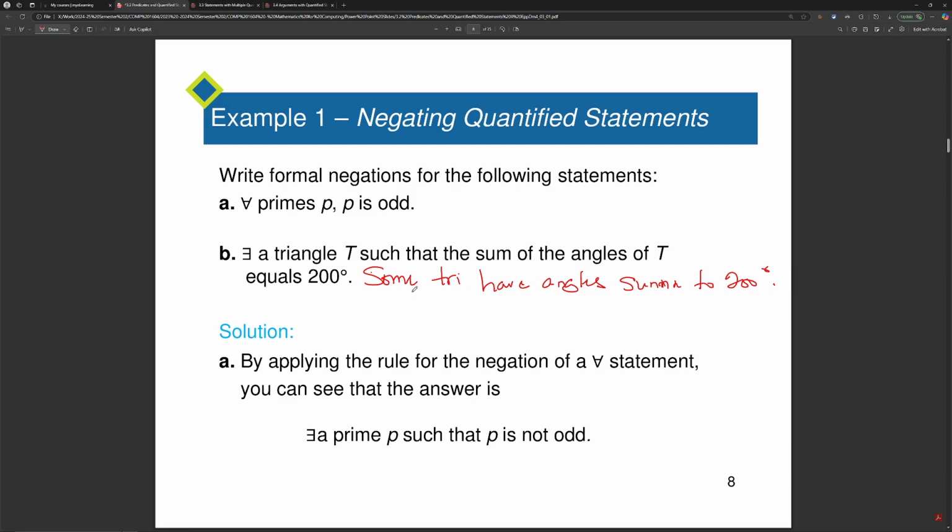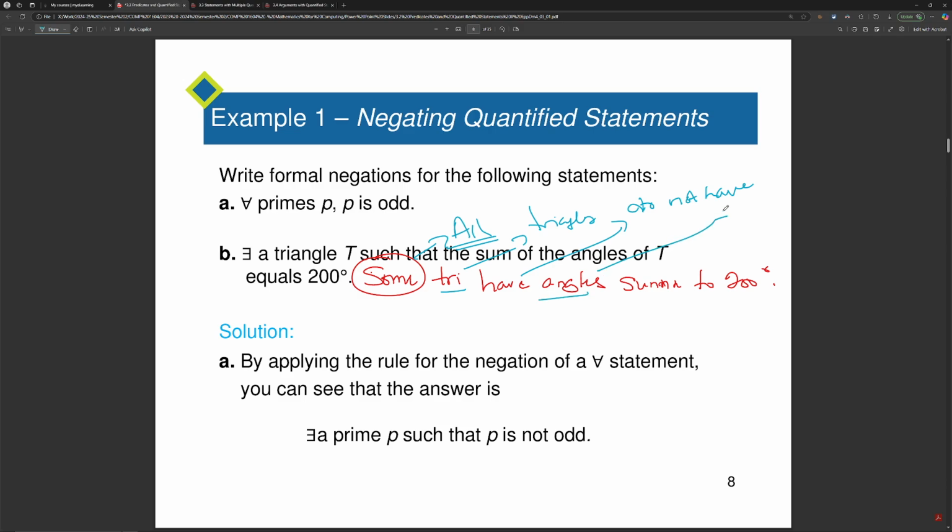The negation of this statement is, so I'll turn to a different color. Some will turn to all. We'll keep the word triangles. So all triangles, have will now mean do not have.